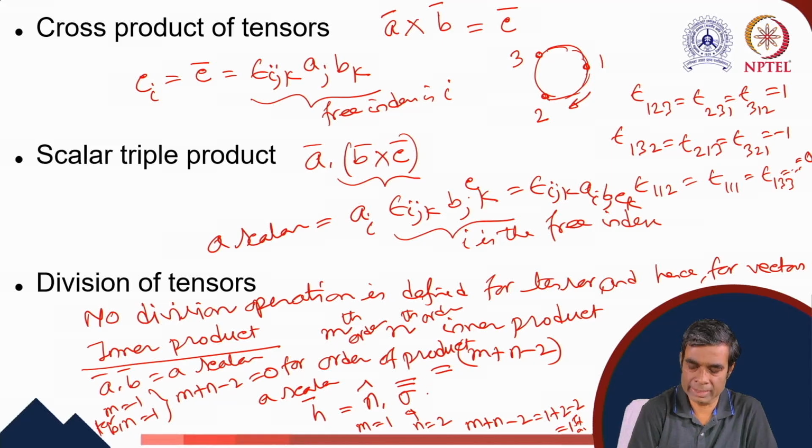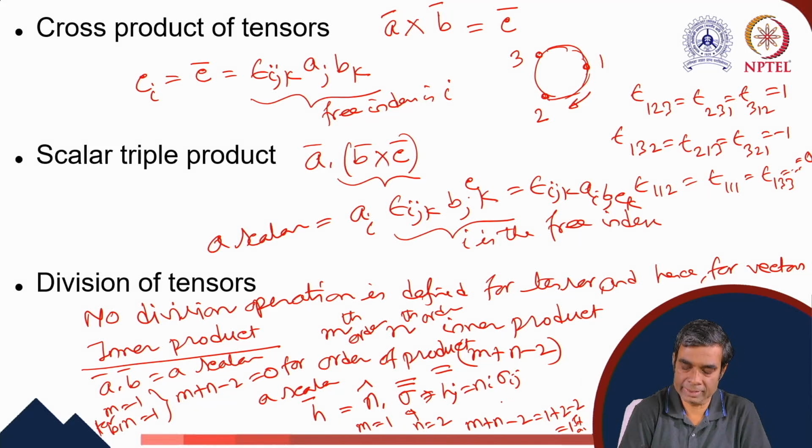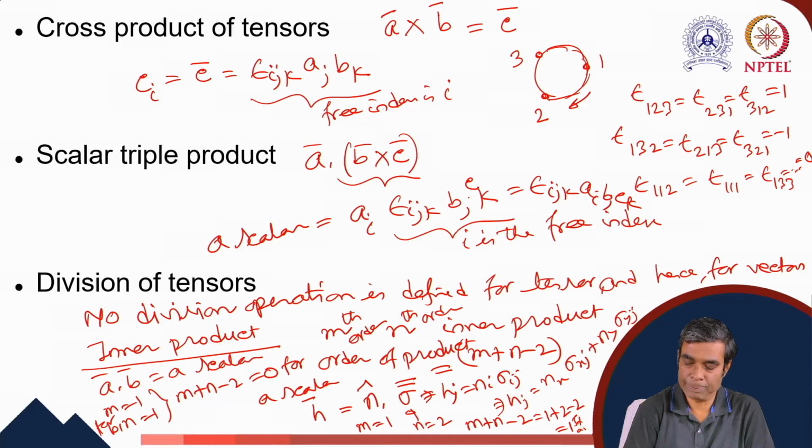We can simplify this expression for n dot sigma as Hj equals Ni sigma ij, which can be written as Hj equals Nx sigma xj plus Ny sigma yj. There is less space here, so I just write this expression at the corner.